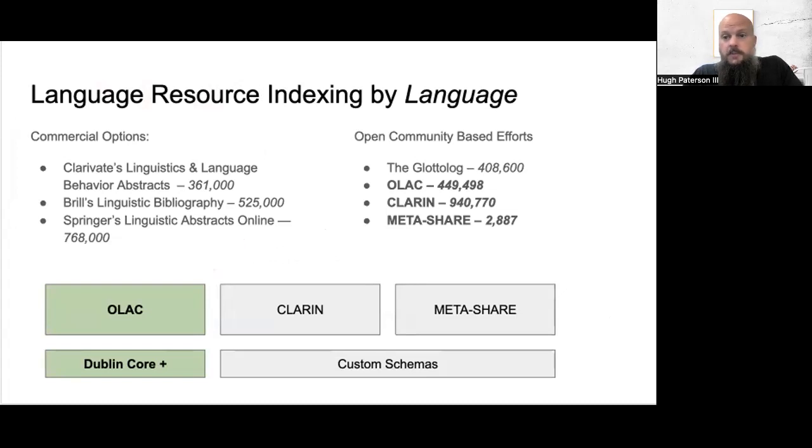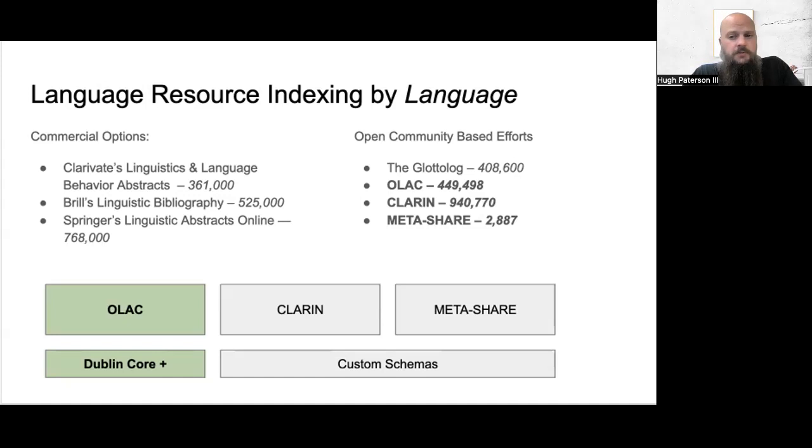So there are some commercial options that answer these questions. There's the Linguistics and Language Behavior Abstracts, there's the Linguistics Bibliography, Linguistic Abstracts Online. All of these resources have several 100,000 individual resources indexed by language. In contrast to those commercial options, there's a scholar-driven community called the Glottolog with just under 500,000 entries.